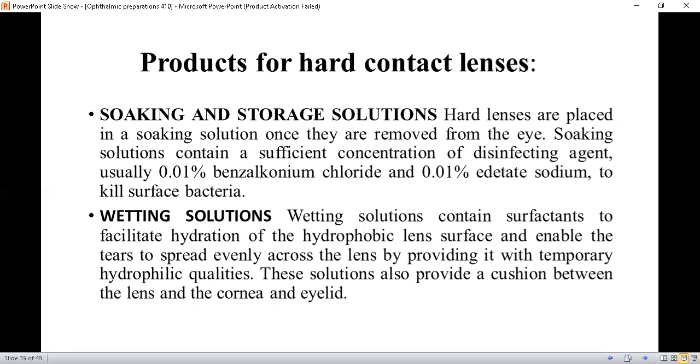Students, there is a term which is used, wetting solutions, because the lens is hydrophobic in nature, and wetting solution will facilitate its hydration, meaning it will add water molecules and that will facilitate the insertion of the lens and will not cause any type of irritation. Therefore wetting solutions are being used for hard contact lenses.